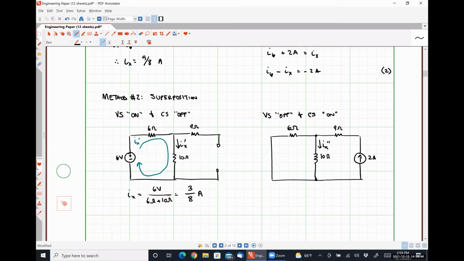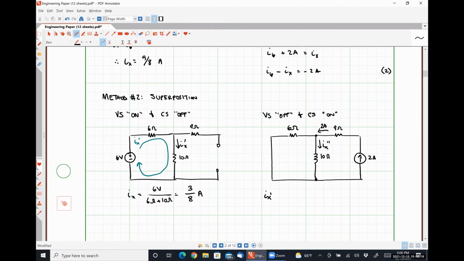So, building on what we did last lecture, I know that there is a current of 2 amps entering the network that contains the 6 ohm resistor in parallel with the 10 ohm resistor. So this is a perfect opportunity for me to practice my current division and find IX double prime directly.